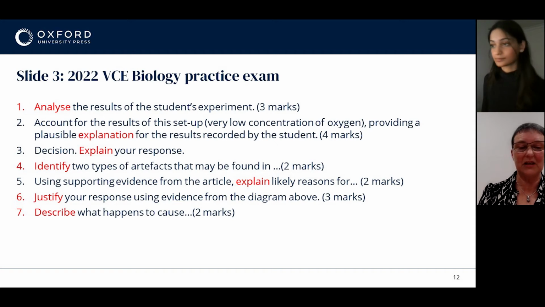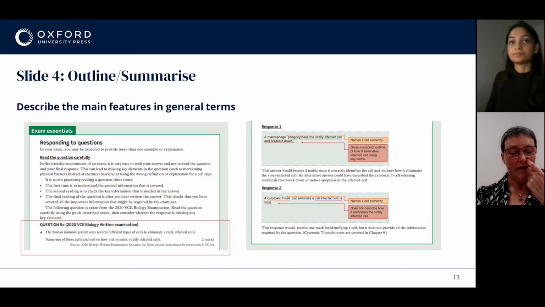And my expectation is that when we get to the actual exam in October, November this year, that we will see more of the analyse, the explains, the identifies, the justifies, which are the large multi-mark questions rather than single questions. So even the practice exams had these command terms in them.